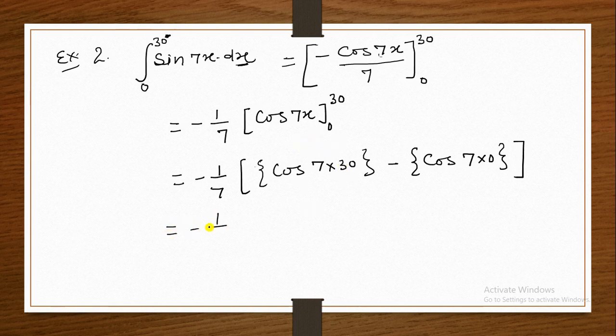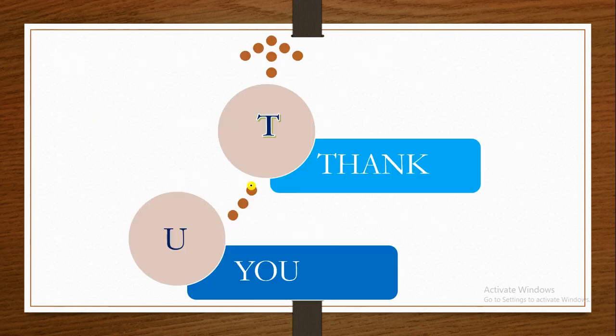So after multiplying, cos 210 degrees minus cos 0. You can solve this question easily after putting in the value of cos 210. So this is the definite integral.